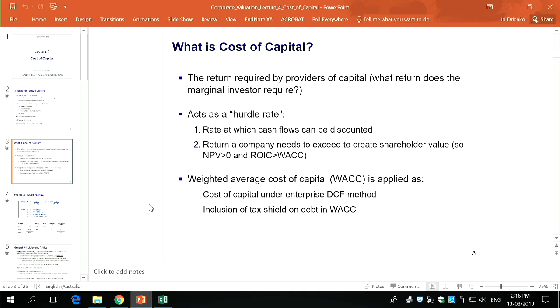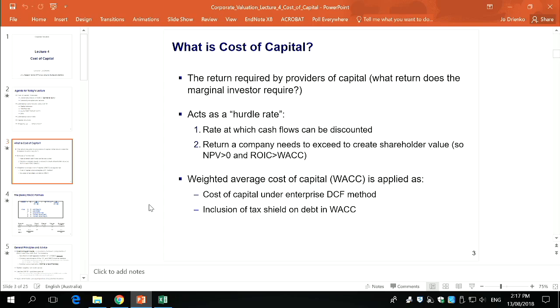Another role it has, it's the required rate of return, but for us as analysts, we need that rate to discount all the cash flows to time zero, as I showed you. And what's nice about it is it's directly comparable to ROIC. That's very useful for us. If the ROIC, the return, is bigger than the WACC, the cost, the company is making money.